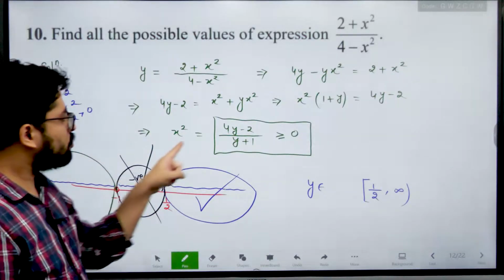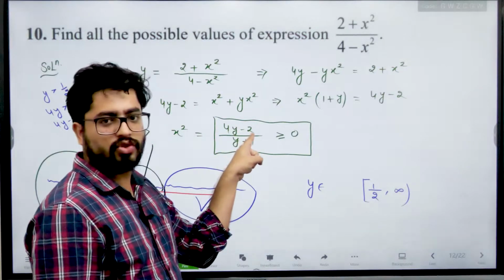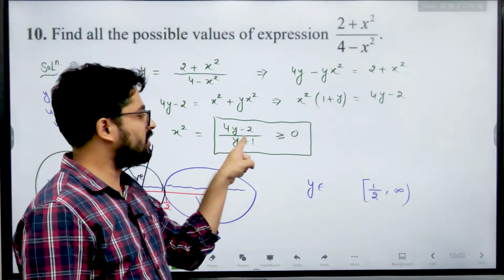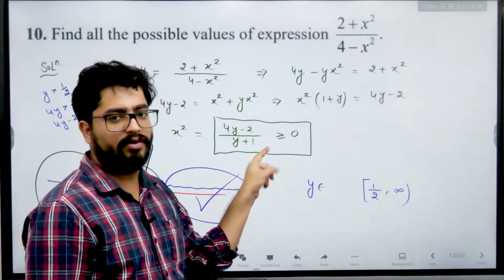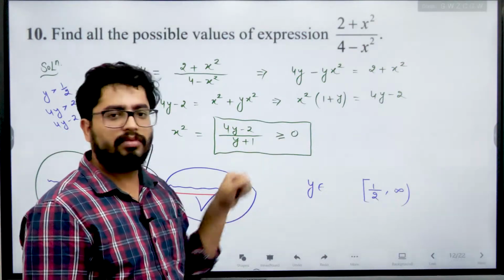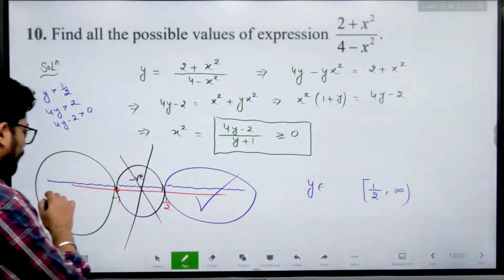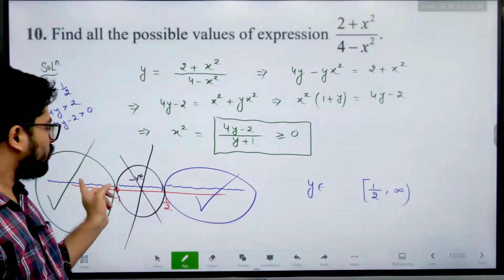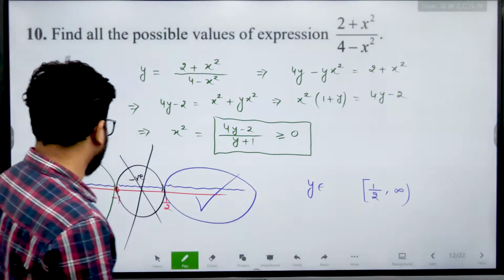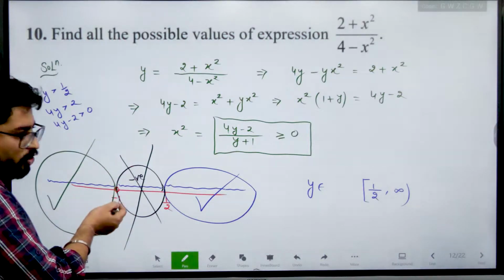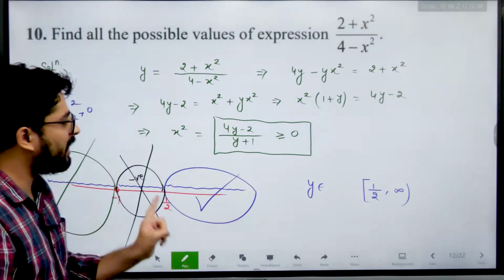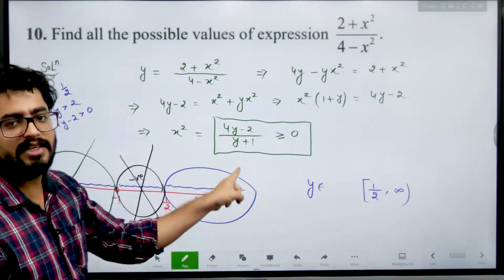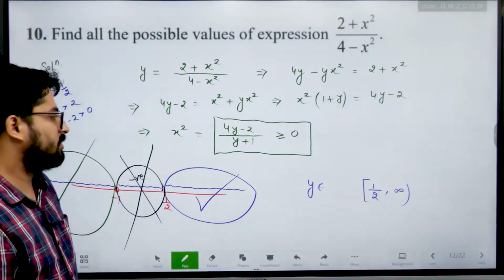So you will get -8 -2, -10, negative. And -2 plus 1 is -1, again negative. So negative upon negative is positive. Yes, it means we can take all the values from here. So y can take all the values from -infinity to -1, but you cannot include -1, because at -1 your denominator is 0.